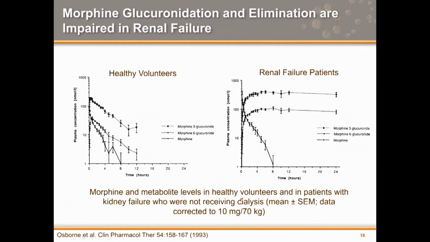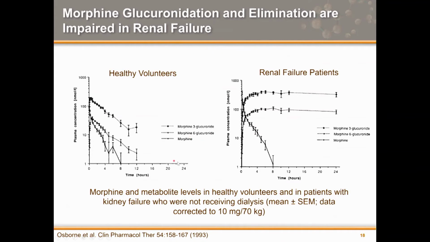There can be quite a bit of variability in glucuronidation, interindividual variability that's regulated particularly by various disease states. In this particular example, these investigators were looking at the pharmacokinetics of morphine, as well as the morphine 6- and 3-glucuronide.